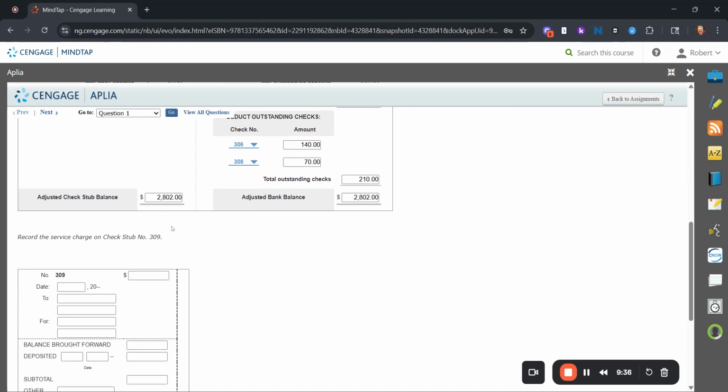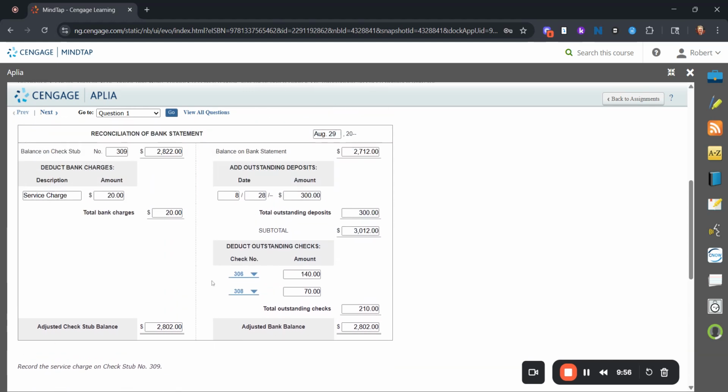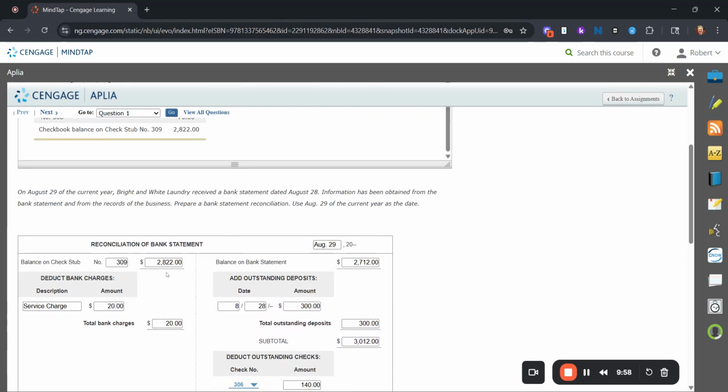Then this next step, we're going to reflect the service charge on our checkbook stub. So remember, check 309, the balance. Actually, let's go down here. The balance brought forward for $28.22.